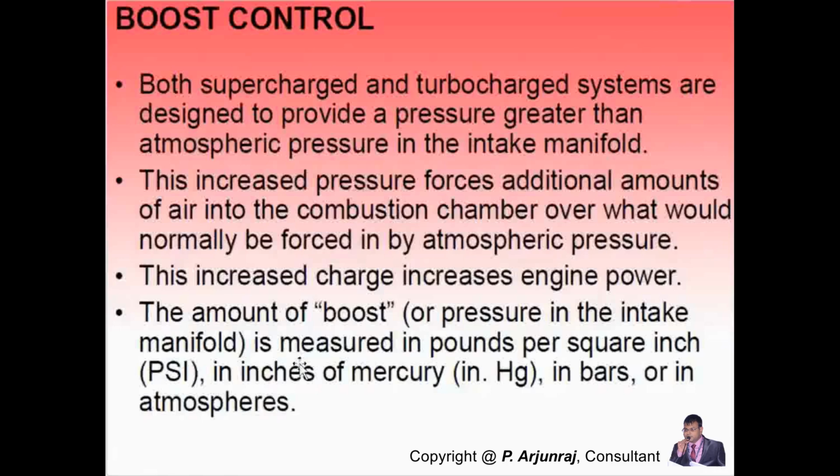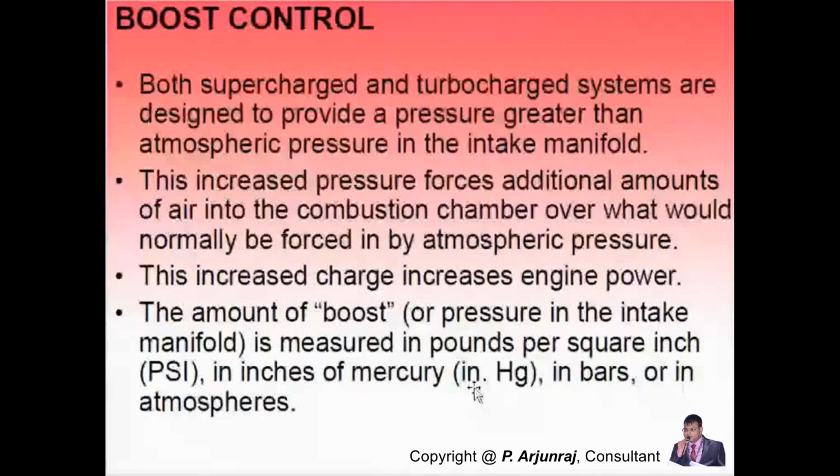Where the variable geometry turbo is having the high boost pressure, and the engine is running with start of the period. And what is the unit for this boost pressure? The unit is also very much important. In what way are you going to consider pressure? Basically, the boost pressure can be measured in terms of bars.